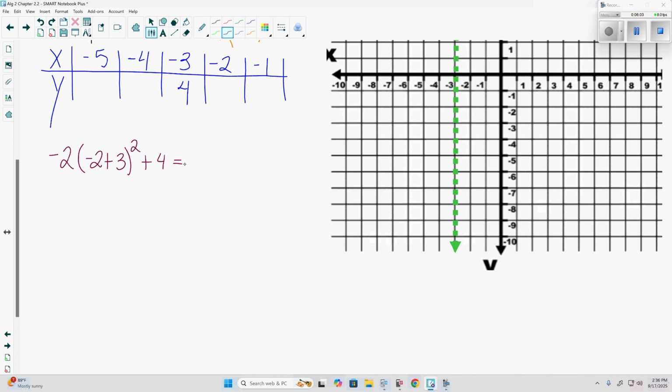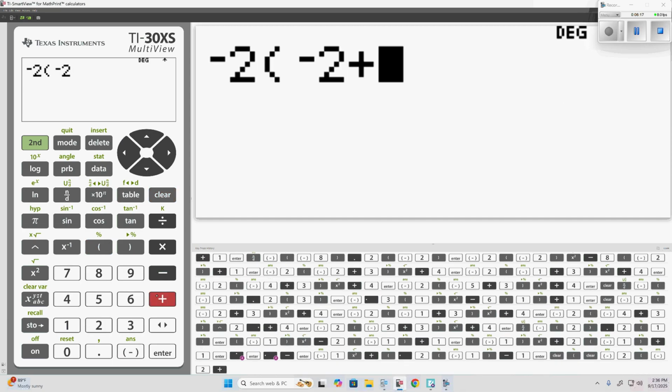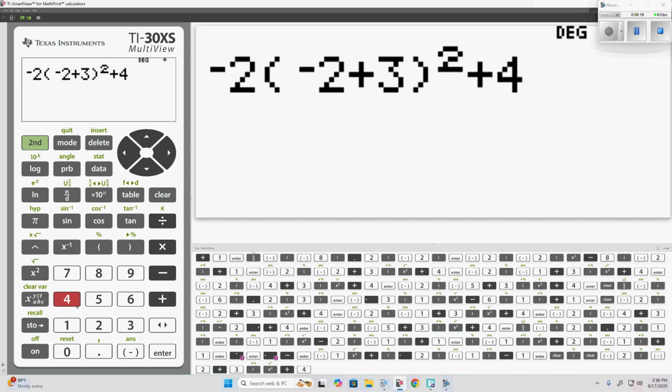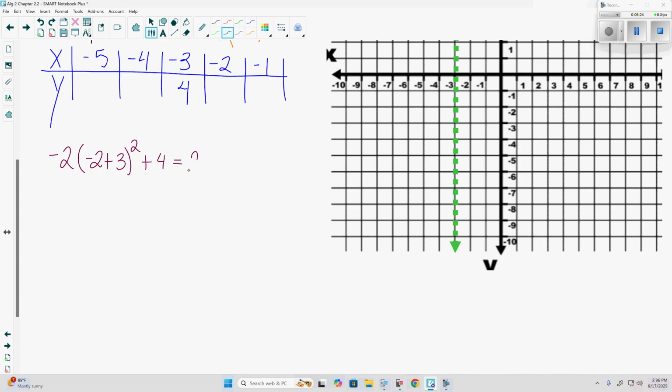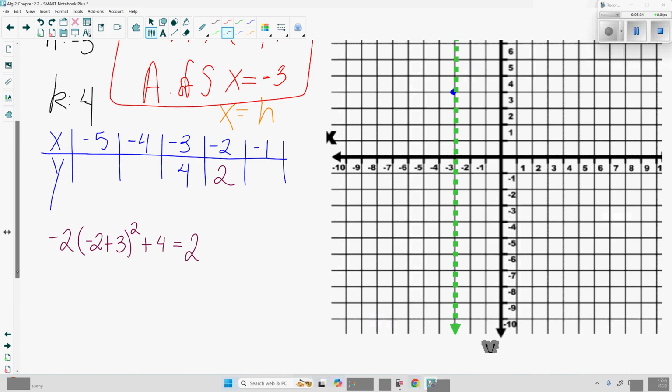Now at this point here, we can just plug this all into the calculator. So -2 times (-2 plus 3) squared plus 4 is 2. So our next point that we found is -2, 2.